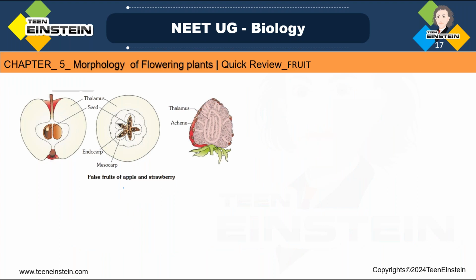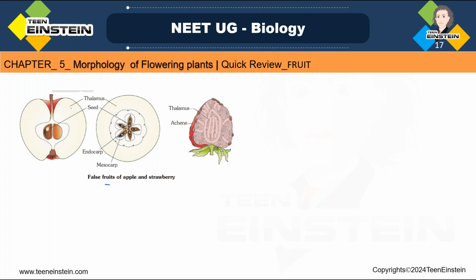Here, false fruit in apple and strawberry, you can see. Actually, this is the exact fruit, the inside portion, the endocarp. Endocarp is this one. Mesocarp is here, right? And here the thalamus is getting modified. This portion, the thalamus, is getting modified into the edible part in the case of apple. So it is not developed from the ovary. The ovary is inside.